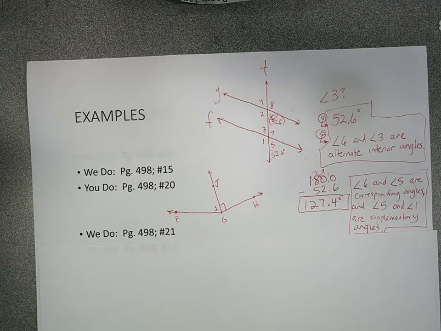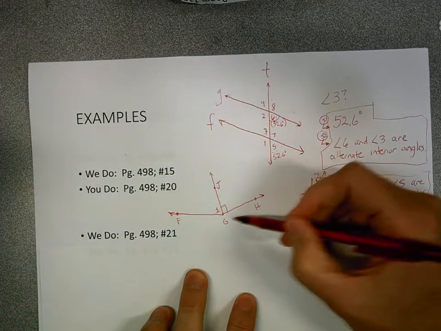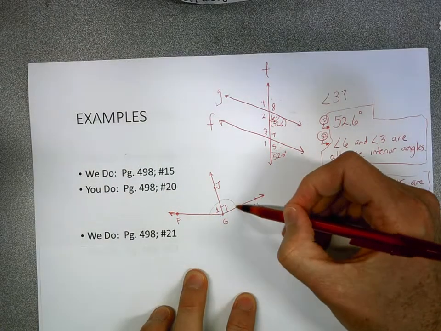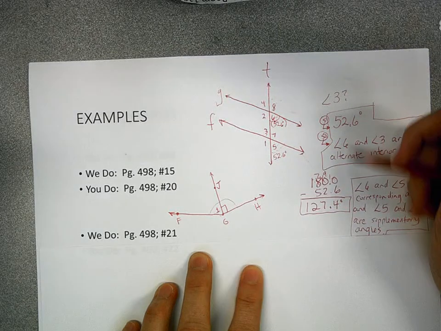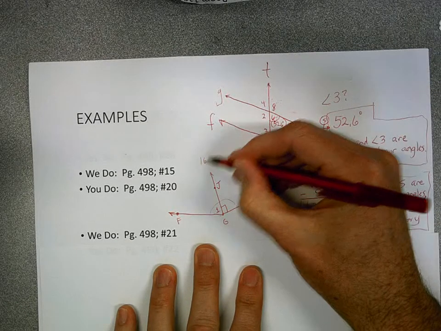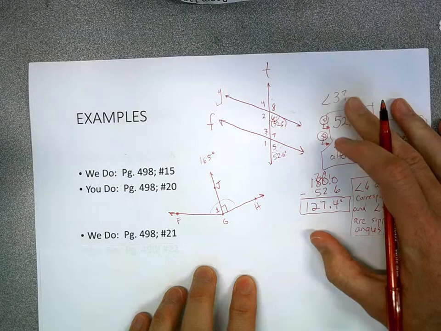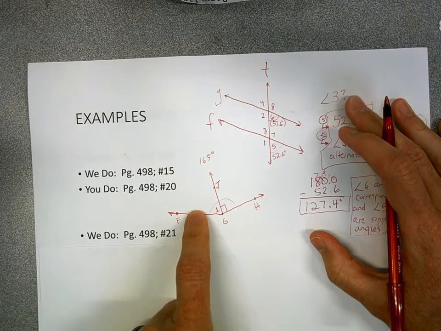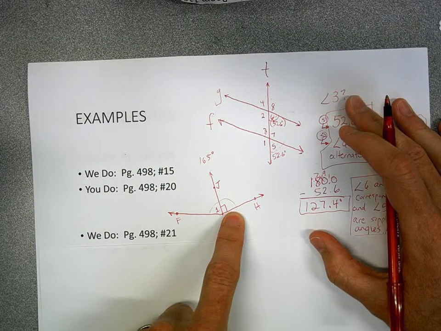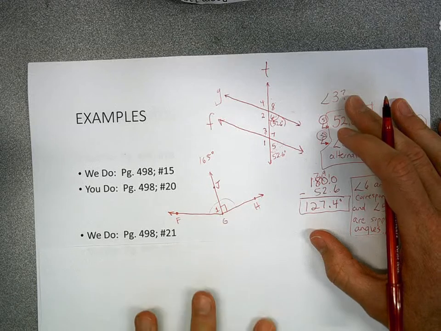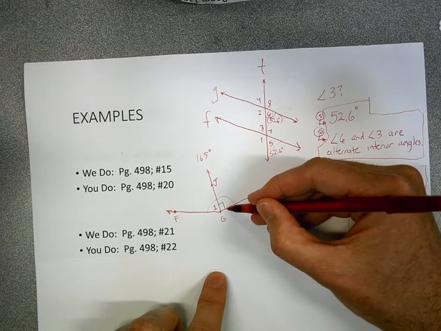So FGH, this whole thing right here, they say is 165 degrees. If I look at here, they want to know what's angle 1. Well, guys, these are adjacent angles. They're not special, they're not complementary or supplementary, but what I do know is this angle here is 90 degrees.